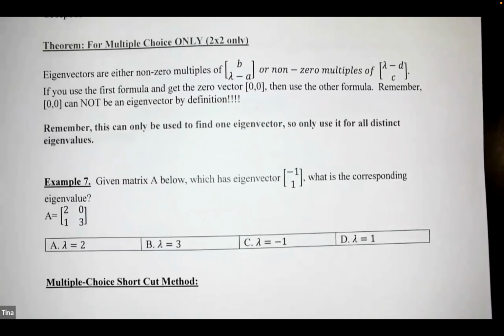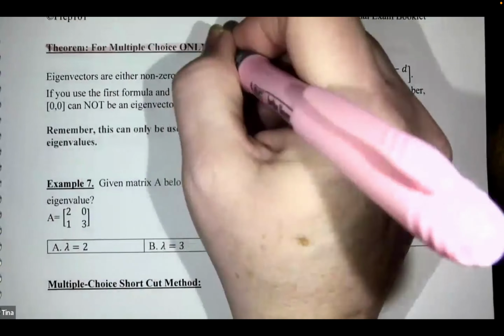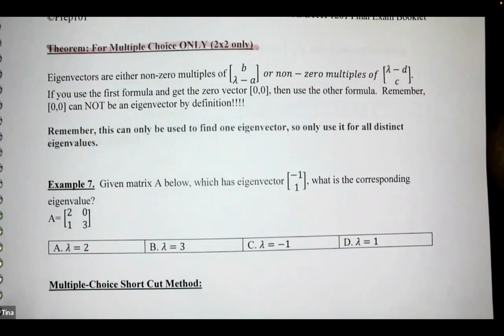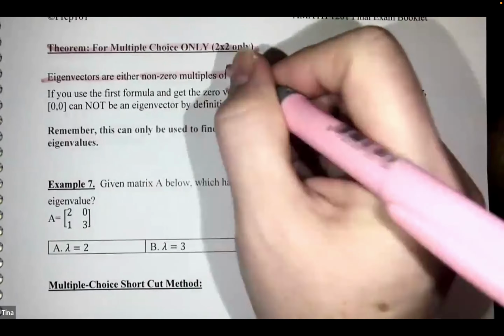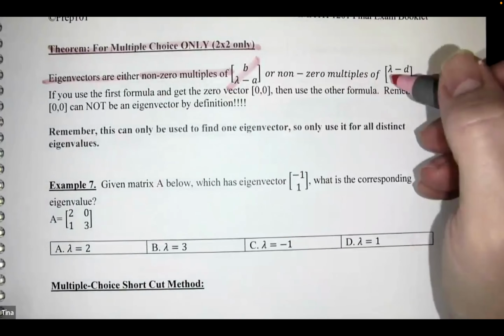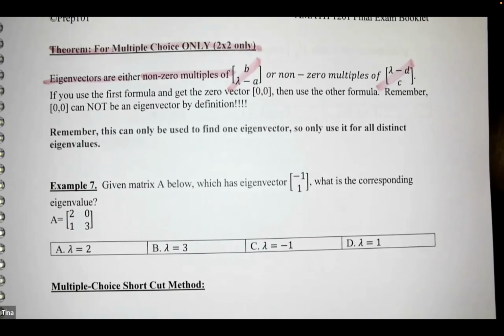Now, there's a little trick that one of the TAs used to use years and years ago. It's obviously only for multiple choice, but you probably will get some eigenvectors on your multiple choice. Eigenvectors are going to be any non-zero multiples of either (b over lambda minus a) or (lambda minus d over c).